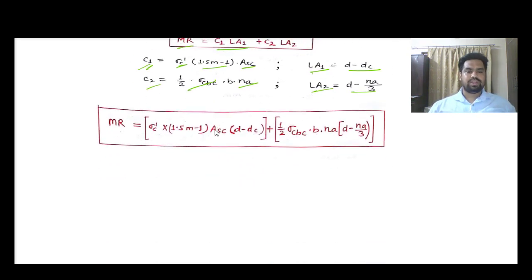So the total moment of resistance becomes sigma_sc' into (1.5m minus 1) Asc (d minus dc), meaning this whole term is C1 and this whole term is LA1, and similarly this whole term is C2 and this term is LA2. So the moment of resistance becomes sigma_sc' into (1.5m minus 1) Asc (d minus dc) plus 1 by 2 sigma_cbc into b into NA into (d minus NA by 3). So the total moment will be calculated using this formula.